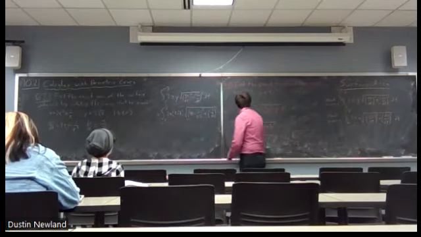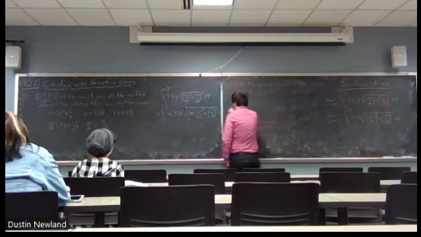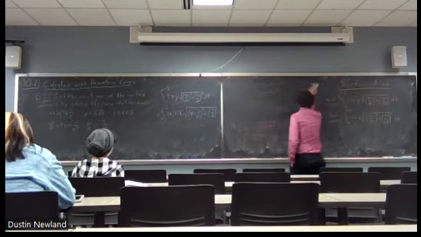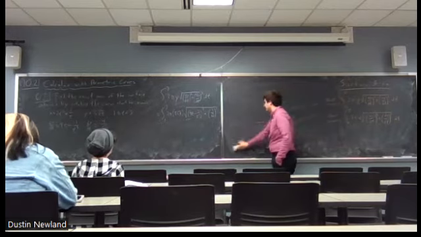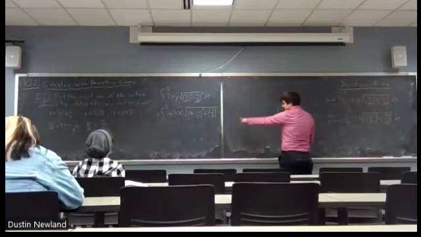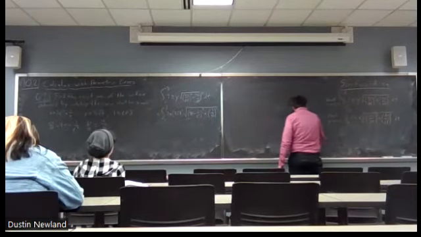Okay. Good. Let me erase this real fast, to make sure we have room. What's 4t minus 1 over t squared, squared, going to look like?